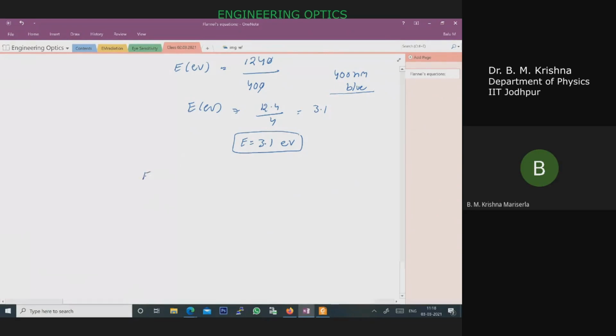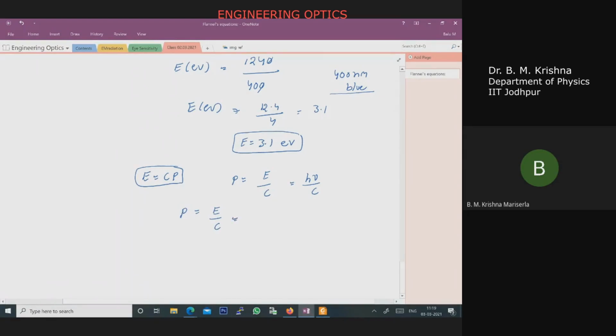So now your energy can be written as C into P. That is your momentum equation. So the momentum is E by C. Your E you already know is h nu, so you can always calculate from this. In free space, your momentum equals E by C.